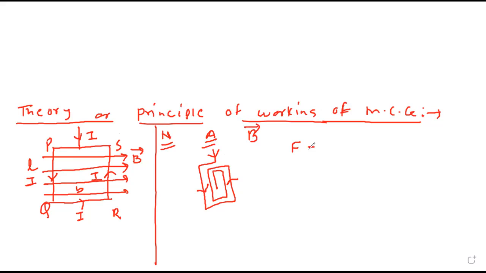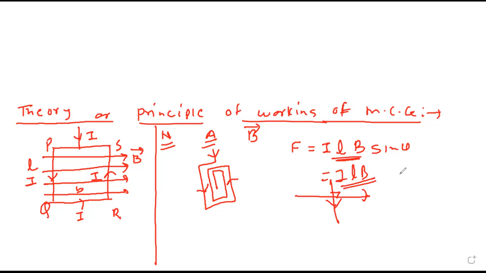Force acting on a conductor carrying current I having length L when placed in field is ILB sin theta. Because this is I and this is the field, the angle is 90, so the force will become ILB. In the same way on this vertical side, current is I, length is L, field is at 90 degrees. So this will also experience the same ILB force.